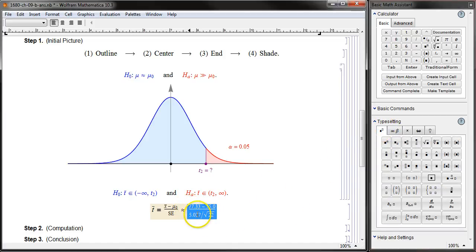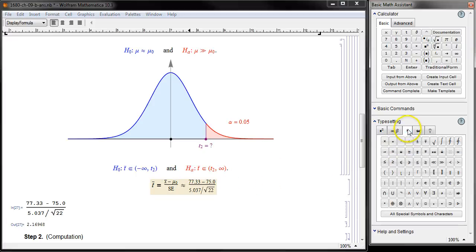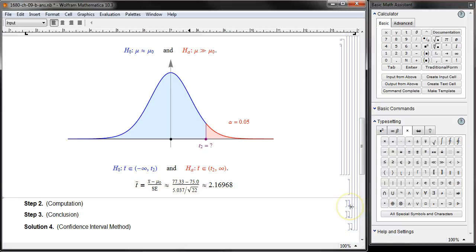You can calculate, and we calculated them using Mathematica here, and this is our t-score for t-bar.